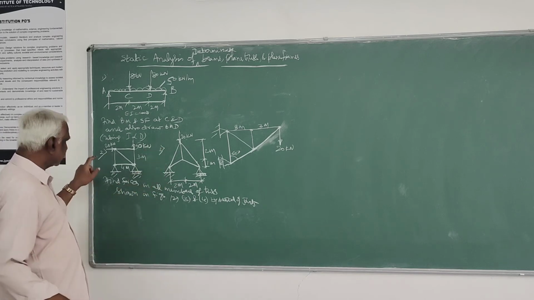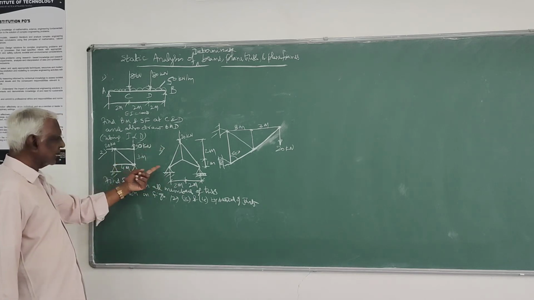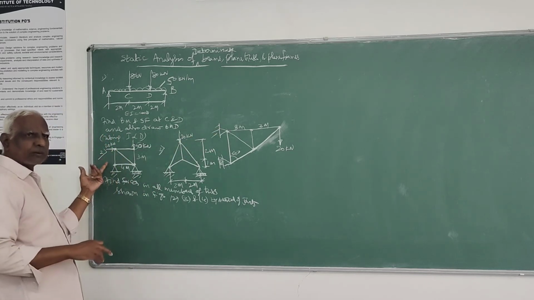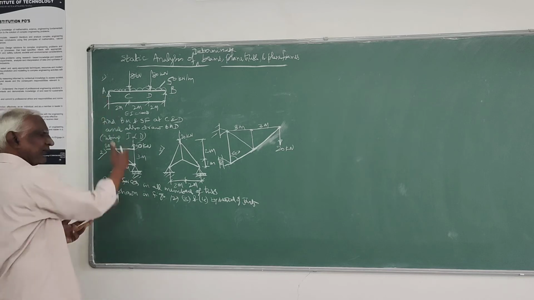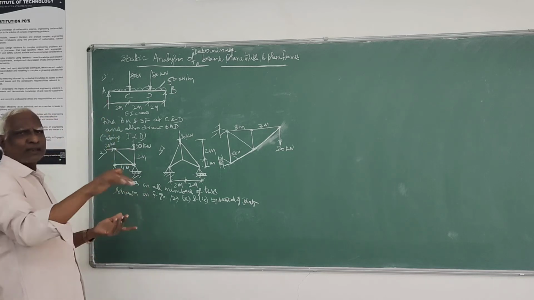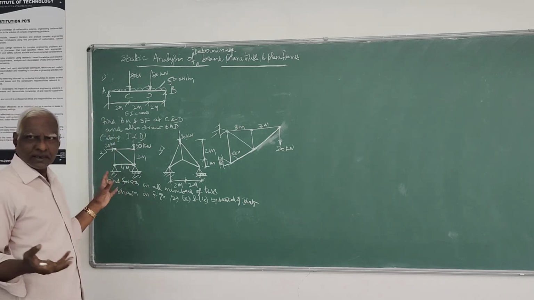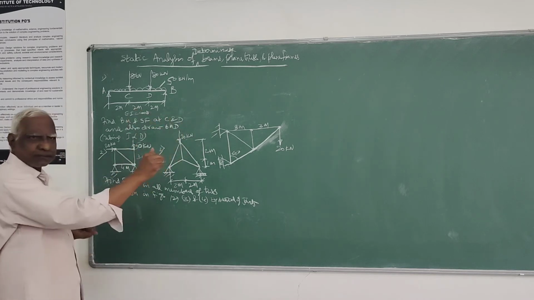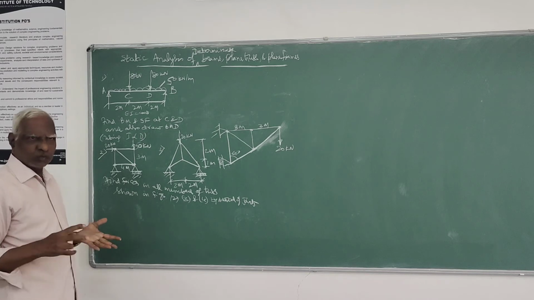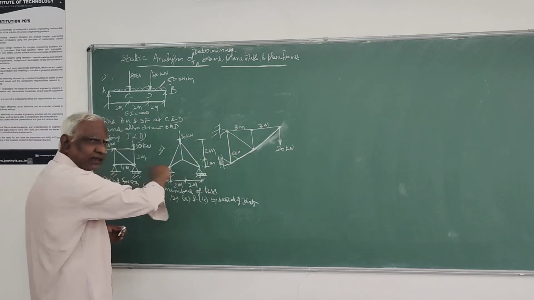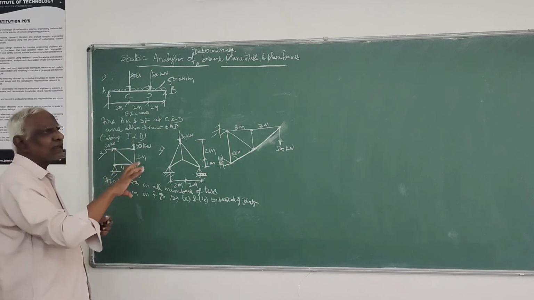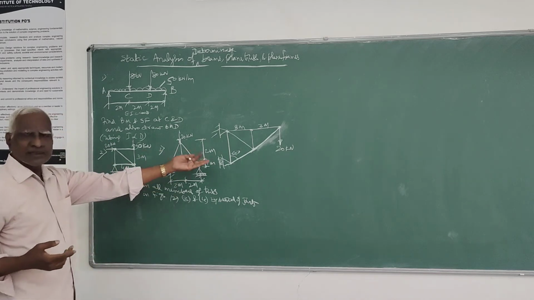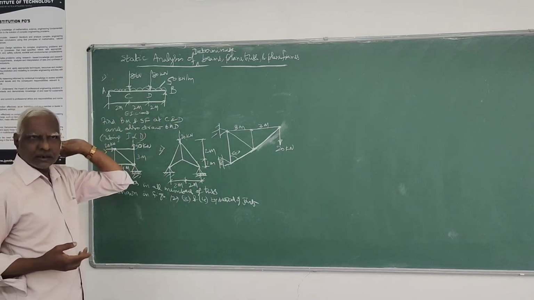By applying sigma H equals 0, you can find the horizontal reaction at the hinged support, and by taking moment at the hinge support, you can determine the vertical reaction at the roller. Another by sigma V equals 0, you can determine that. So like that, first you determine the reactions, then you select any joint that has not more than 2 forces, take that joint, draw the free body diagram, apply 2 equations of statics, sigma H equals 0, sigma V equals 0, and evaluate the forces.